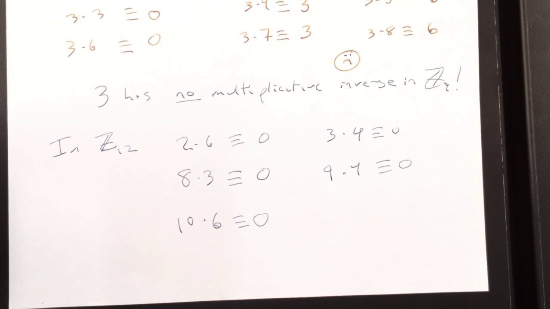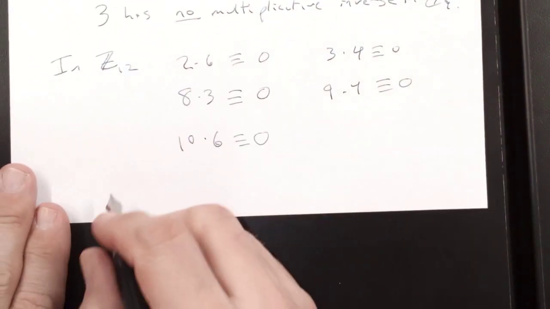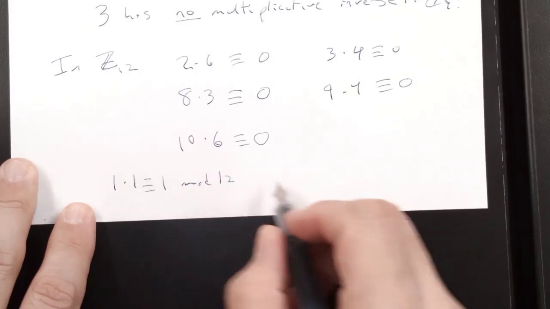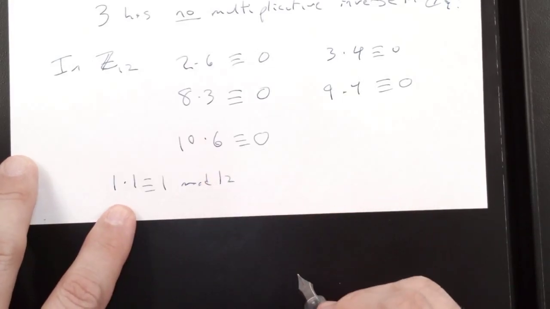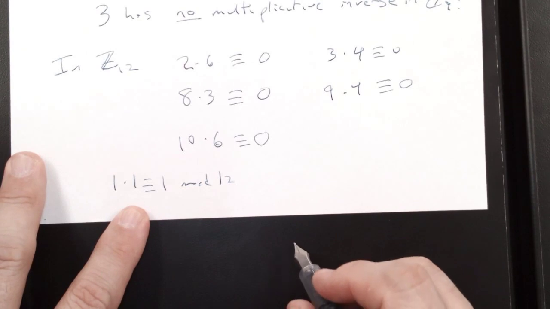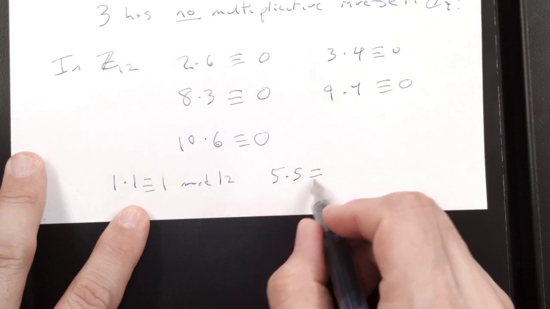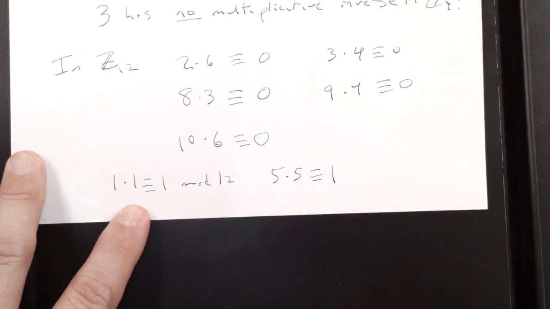On the other hand, 1, 5, 7, and 11 all have something, right? Five times 5 is 25.